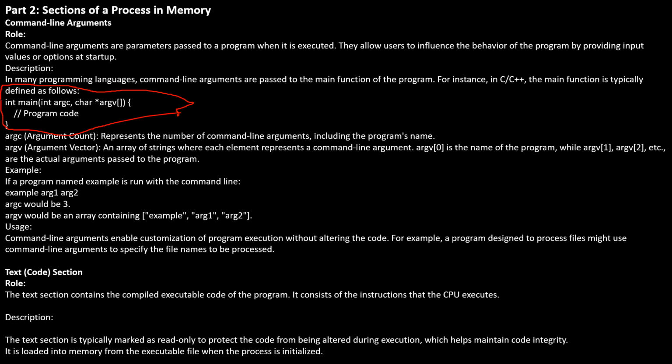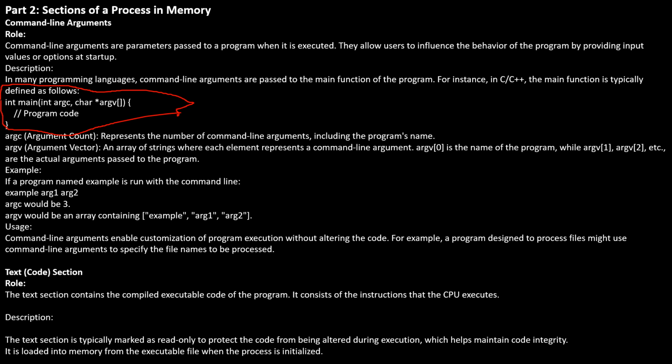Text code section. The text code section contains the compiled executable code of the program. It consists of the instructions that the CPU executes. Description.